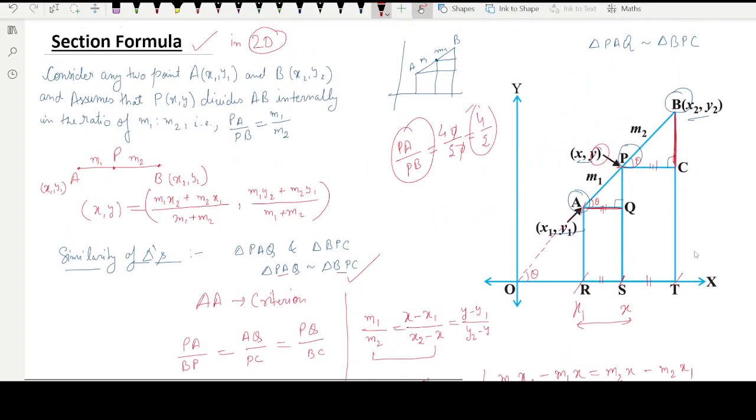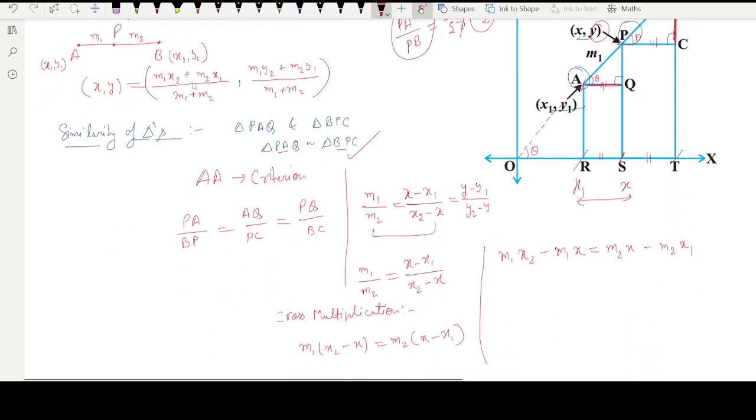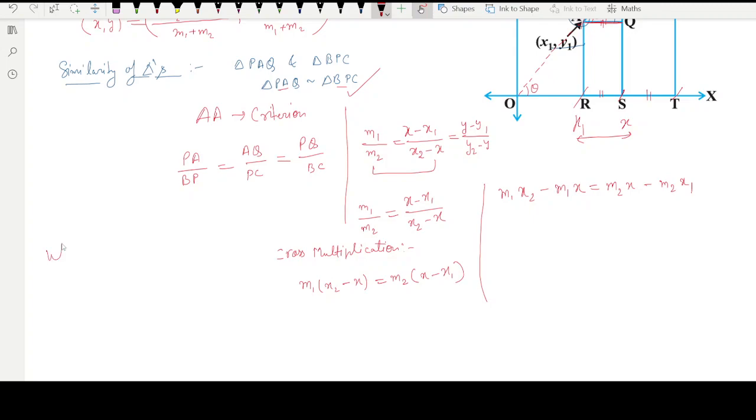What quantities do we know? Consider any two points (x1, y1) and (x2, y2), and assume P is (x, y). We have to find x, and we know all the values of x1, y1, x2, y2, m1 and m2.